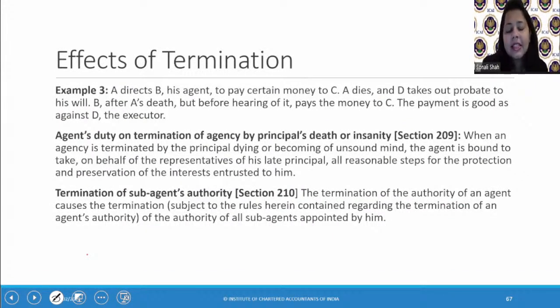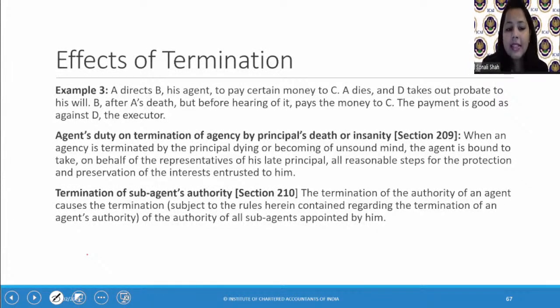Correct? The next section that we have to look at is section 209, which talks about the duty of the agent on termination of agency by principal's death or insanity. What will happen where the principal has died or has become insane and the agency has come to an end? So what is the duty of the agent that has been provided for in section 209?